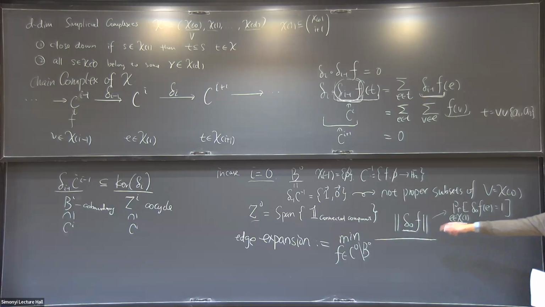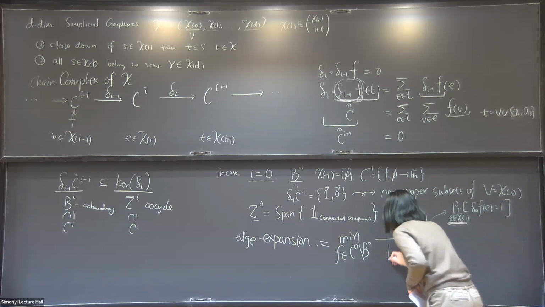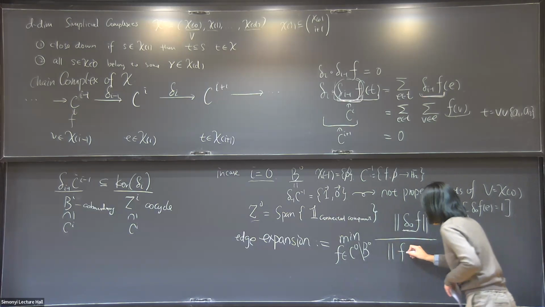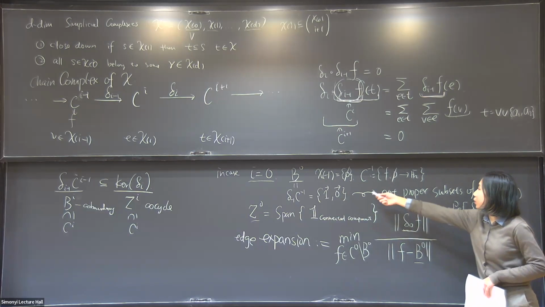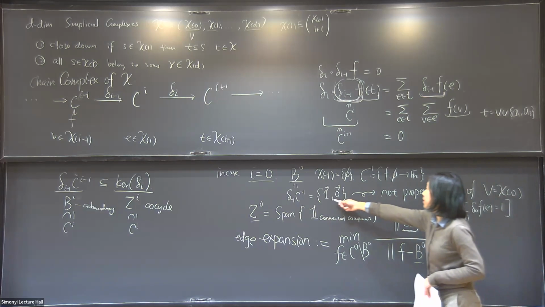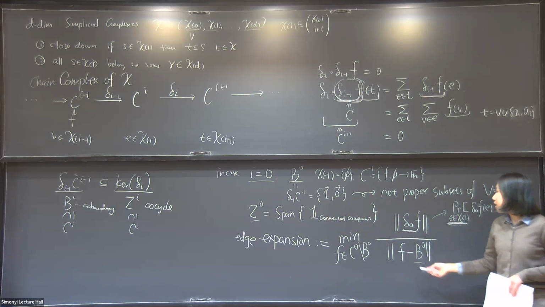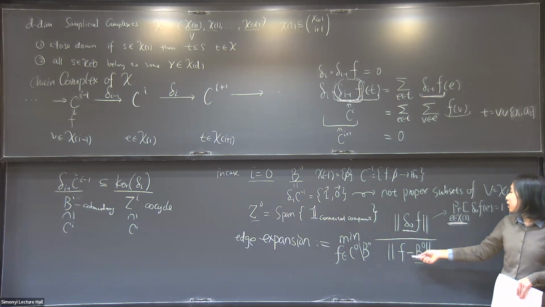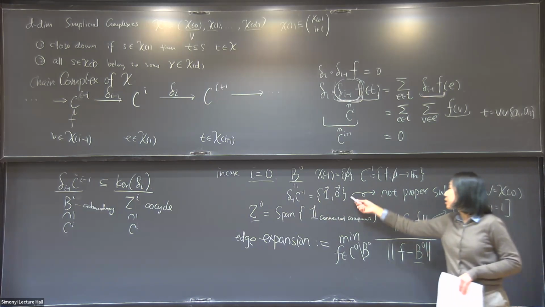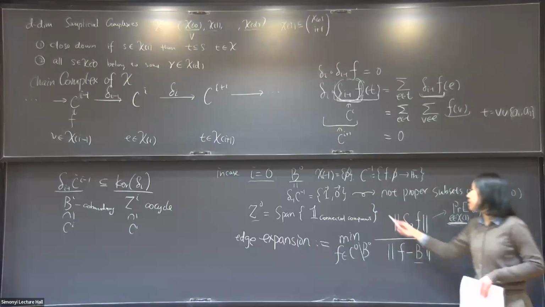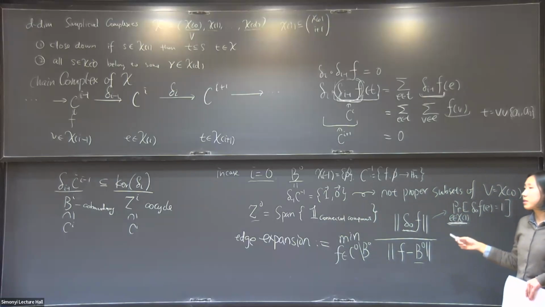Okay, so the denominator over there, we say it's the min of S and S complement. I claim that it could be written as the distance from F to B0. B0 in our case only has two vectors, all 0 and all 1. And F would be the indicator of some set S. So its distance to 0 would just be the size of S, and its distance to 1 would just be the size of S complement.